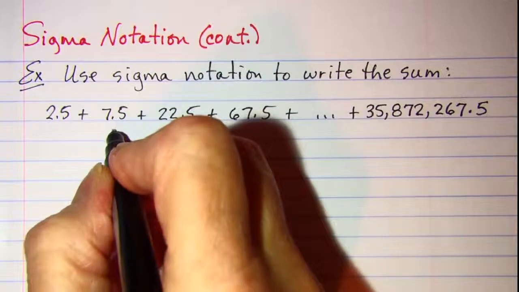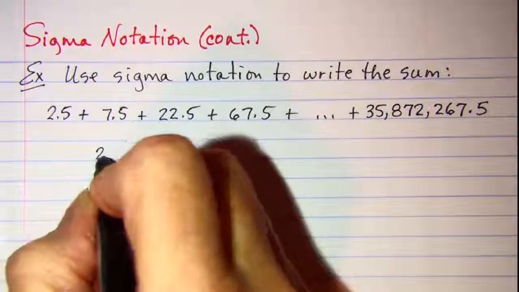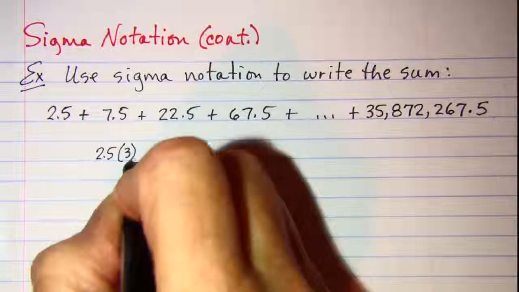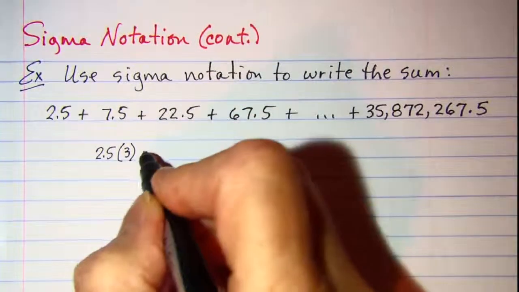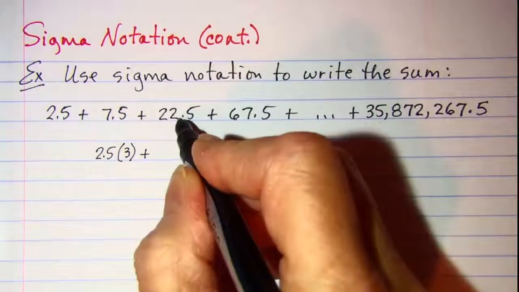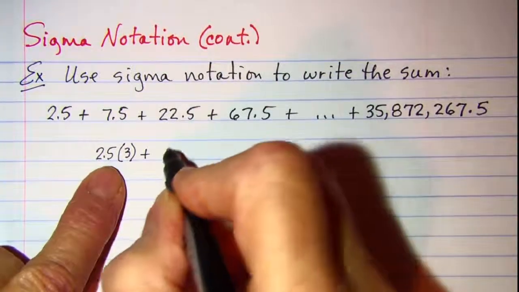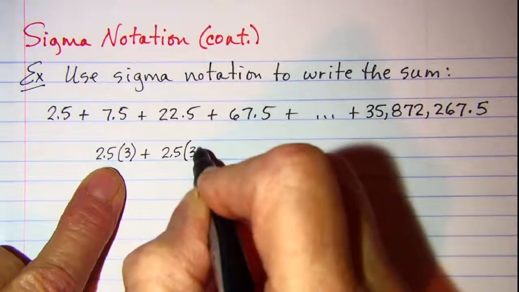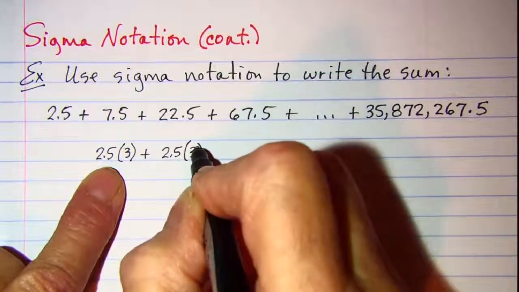So this term then is going to be 2.5 times 3. This term is going to be 2.5 times 3 to the second power.